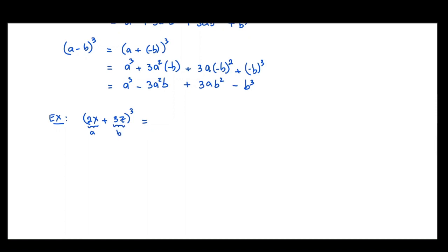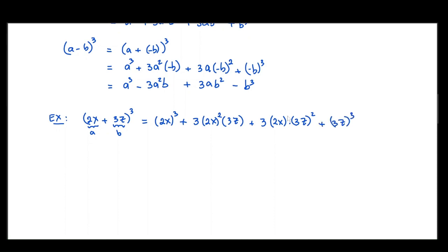The first coefficient is 1, which we omit, so (2x) cubed, plus 3 times a squared, which is (2x) squared, and then 3z, which is b. The next coefficient would be 3 times 2x, with the power decreased by 1 so it comes to 1, times 3z with the power increased by 1, so we get a square here, and the last one is (3z) to the power 3.